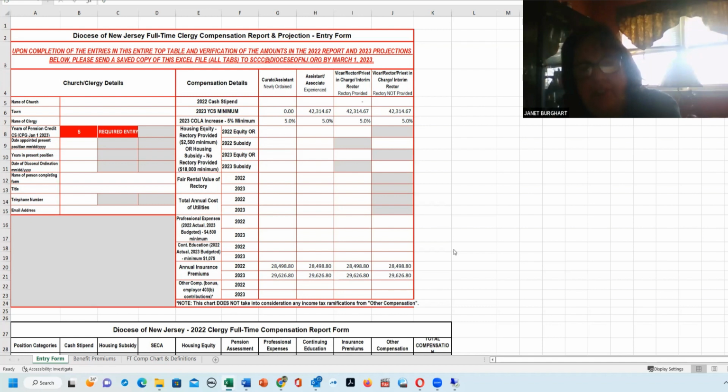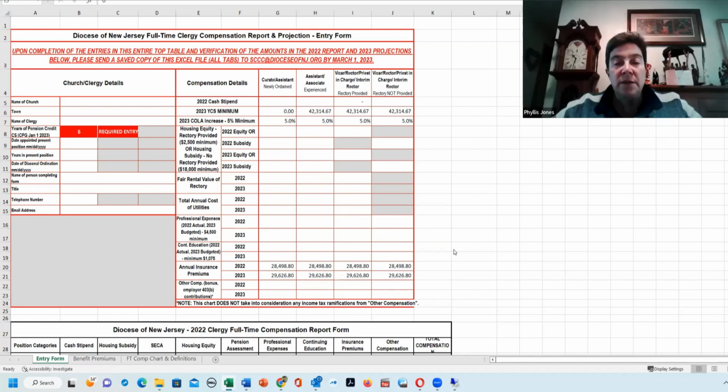If there was a $40,000 housing and a $28,000 stipend, and you put $28,000 in the 22 amount, it's going to look like it's below the minimum. That's the other thing you have to bear in mind. We can't be going below minimums.